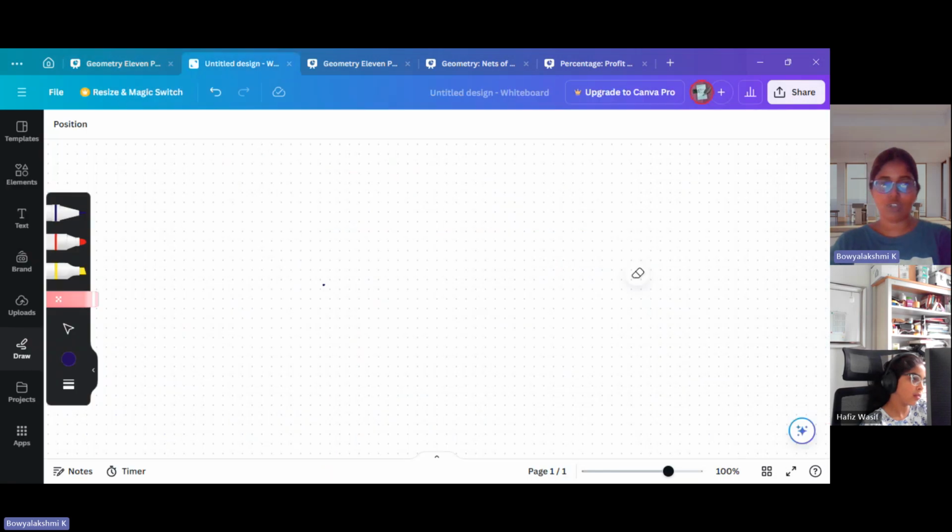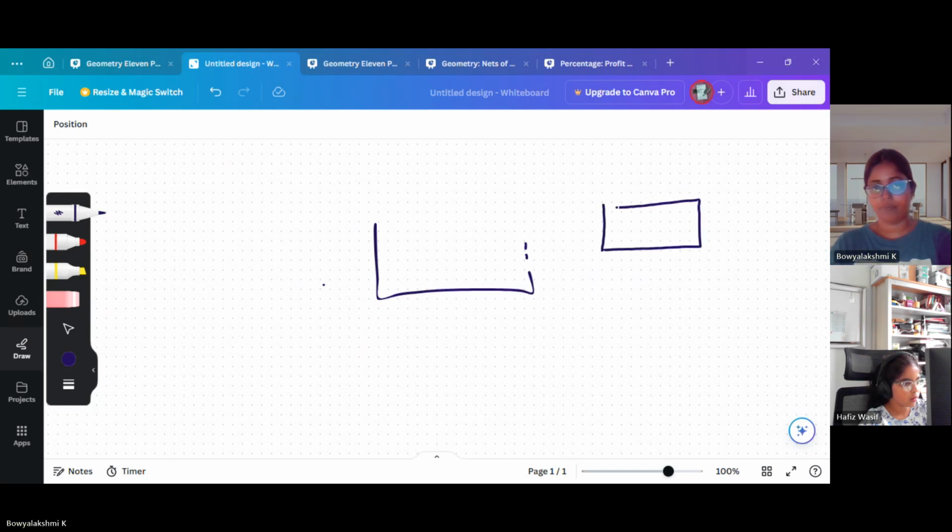Just a second. I will draw a figure. This is length, this is breadth. How will you find the area of this rectangle?